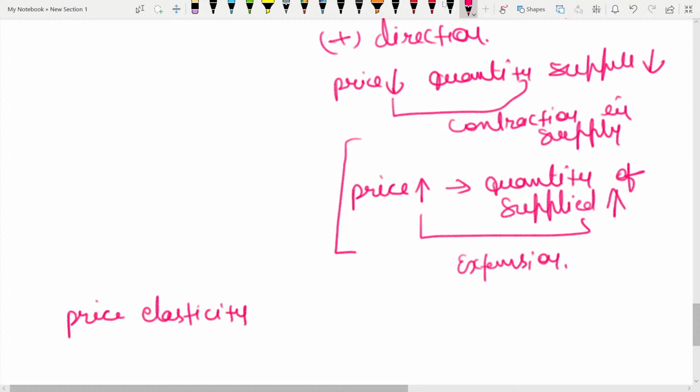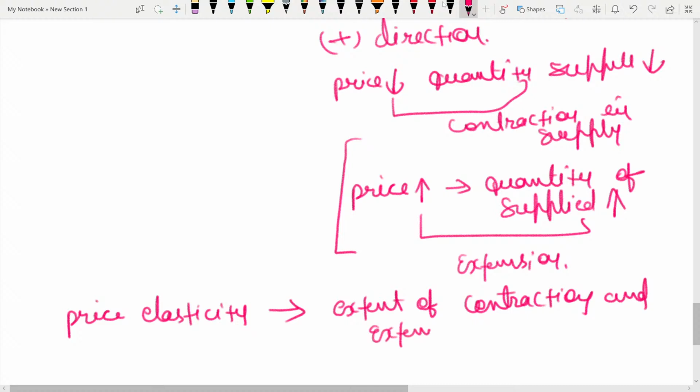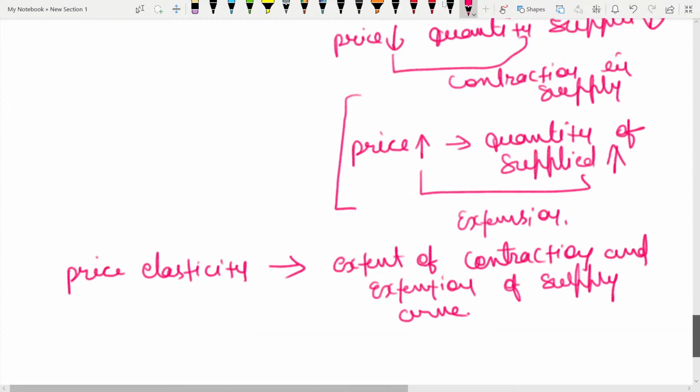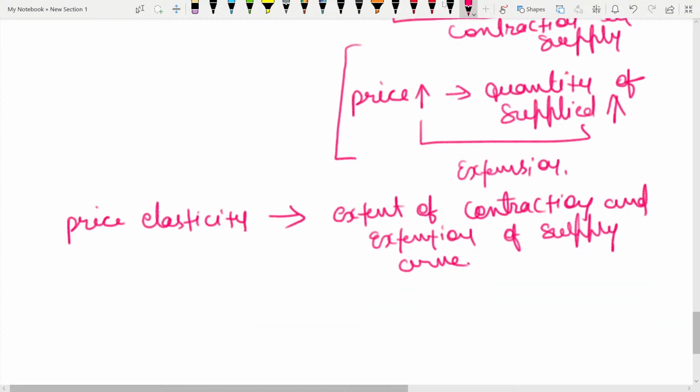Price elasticity talks about the extent of contraction and extension of supply curve in numeric form.